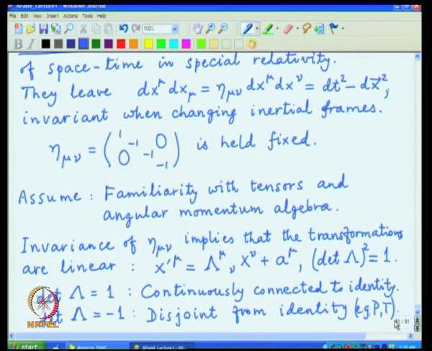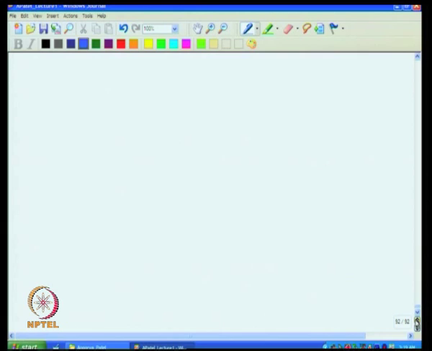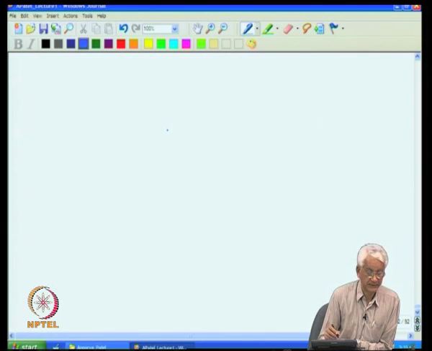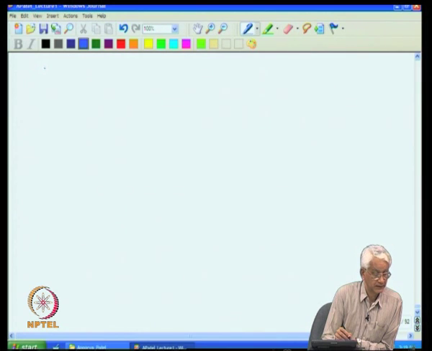one can break up this whole structure of Lorentz group into smaller components that can be studied more easily, and that classification goes as follows.